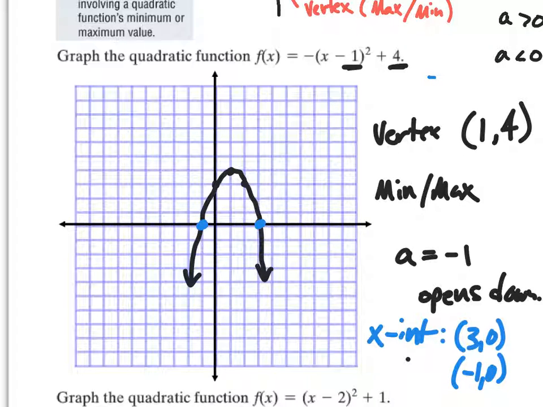Okay, and then the other thing that I have is my vertex here. So this is my vertex. It's also my maximum value, okay? And when I say maximum or minimum value, that's like my maximum y value. What's my largest y value? You know, for a maximum, if I have a minimum value, that's my smallest y value, okay? And that's the idea, all right?